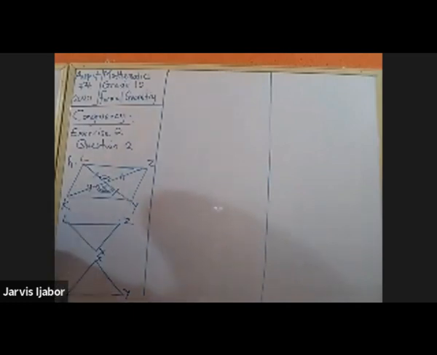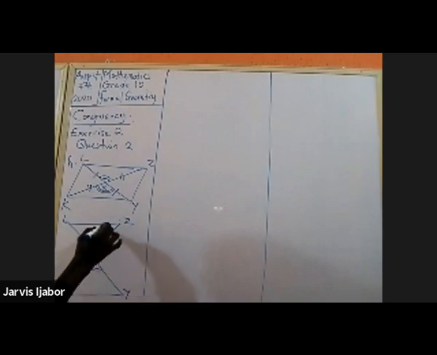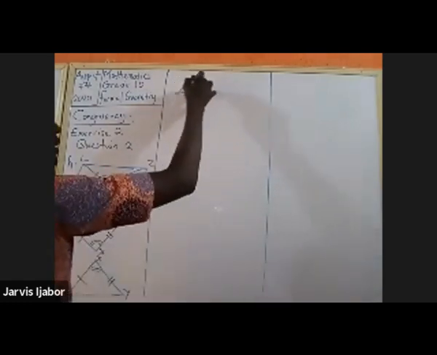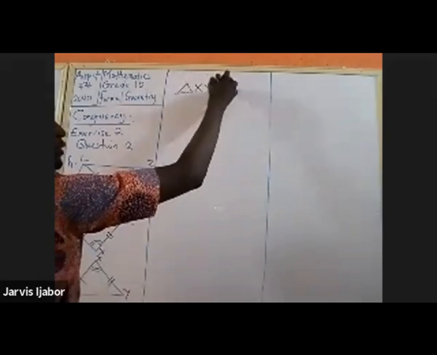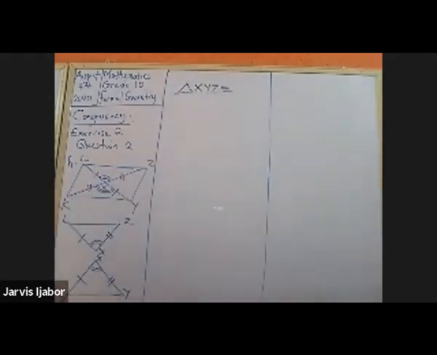Vertically opposite angles are equal. So this to this and this to this. So triangle XYZ will be congruent to what?